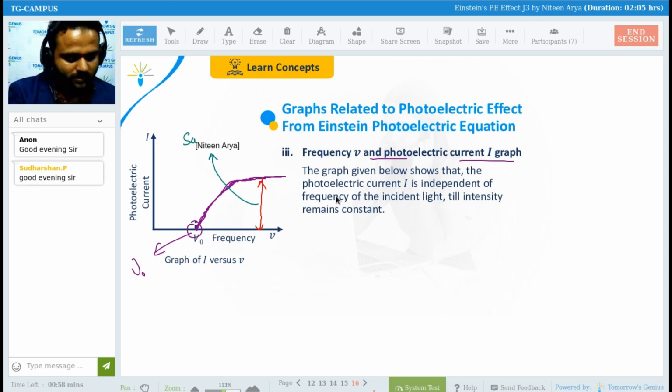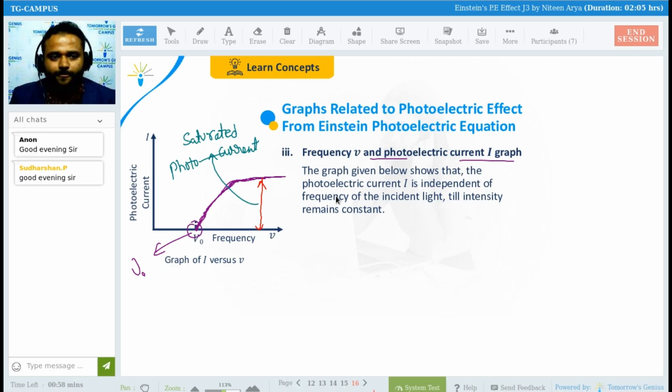This becomes the saturation current, basically the saturated photocurrent. Clear, everyone? Why saturated? Because it becomes constant after a certain point.